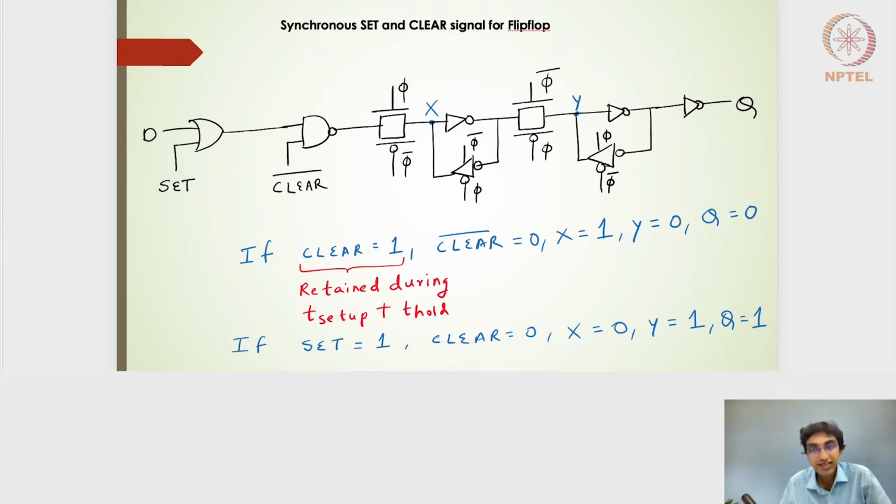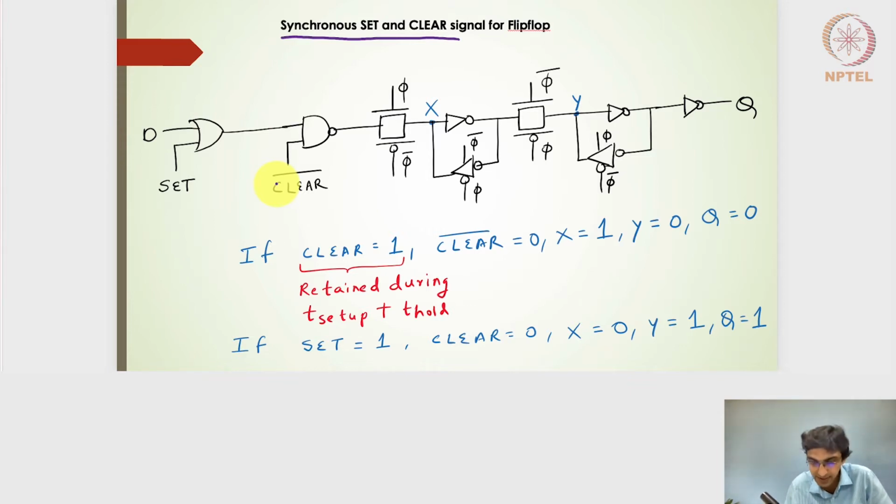So this is what we had seen in the last lecture, where it was a synchronous set and clear signal for the flip-flop. That's what synchronous represents: only when phi is equal to 1, the level high, and if we press the set or clear signal, we will get the output to be 1 or 0.